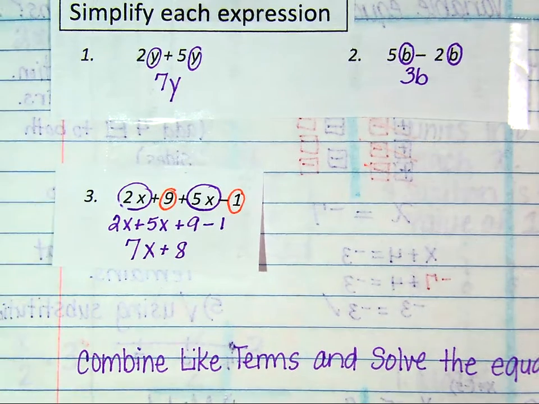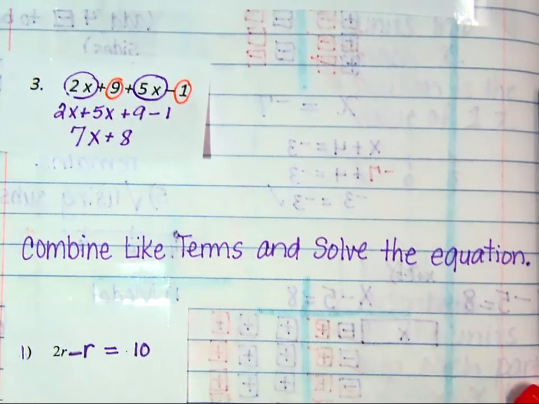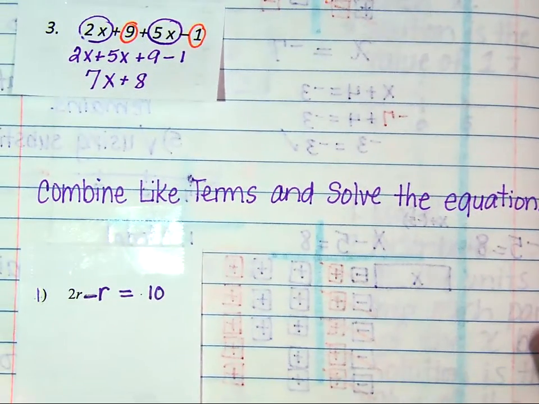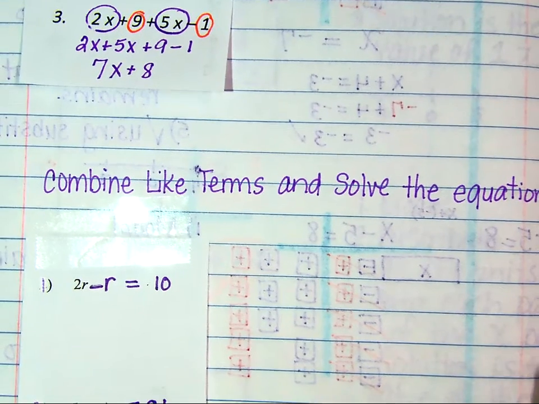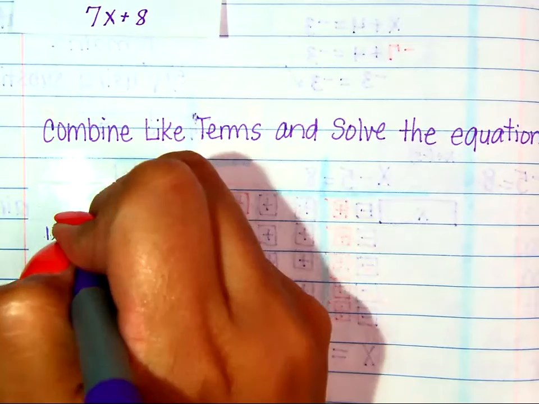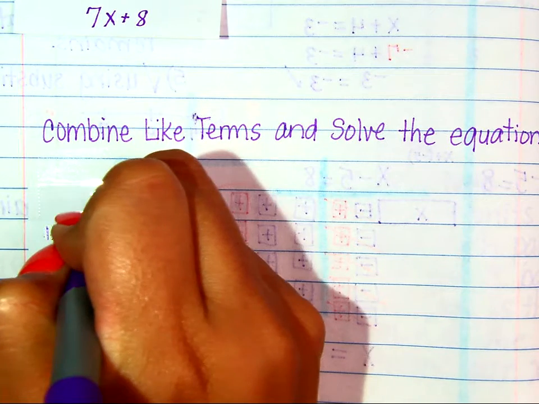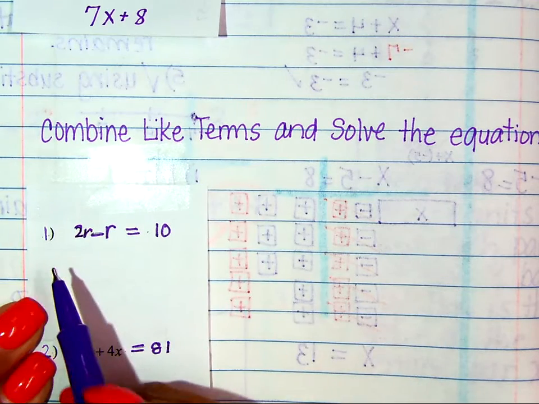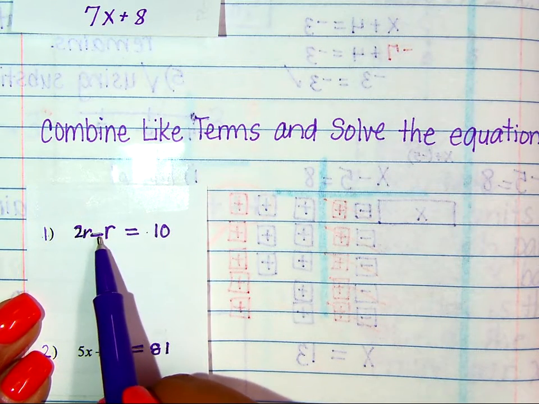And then sometimes you'll have to combine like terms and then solve an equation. So I have two examples here. Make this a little darker so you can see it. Okay. The first example says 2r minus r equals 10.